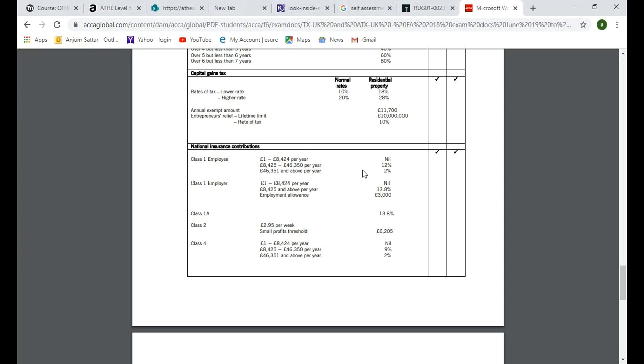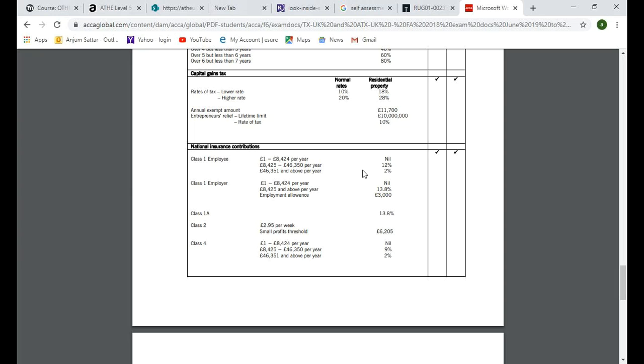Then we have the self-employed, which can be Class 2 and Class 4. If somebody has a small profit, with a threshold of 6,250, they only have to pay £2.95 per week NI contribution. If they are classified as Class 4, they are registered, so up to 8,000 they don't have to pay any NI contribution.